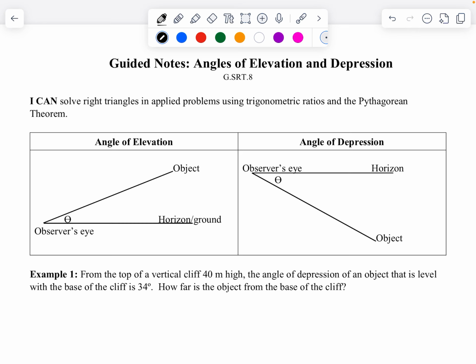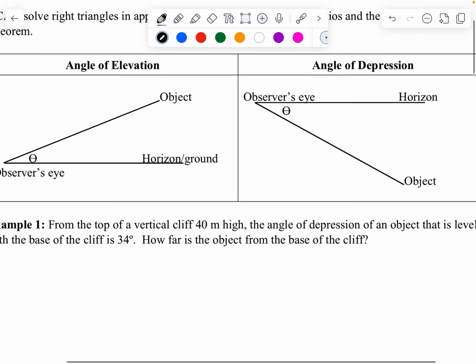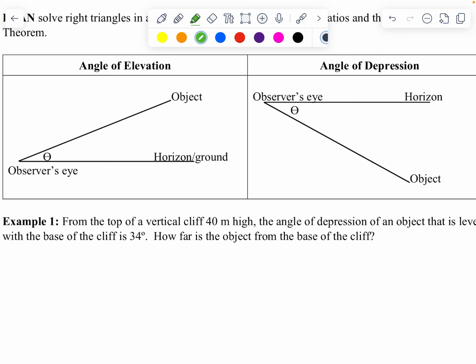First off, when we're looking at angles of elevation and depression, the biggest thing to remember is to figure out who's measuring your angle and the horizon coming from them. Whoever measures your angle is where your horizon is. So if a pilot up in the air measures an angle of depression, the horizon is from the pilot's line of view if they were to look straight.